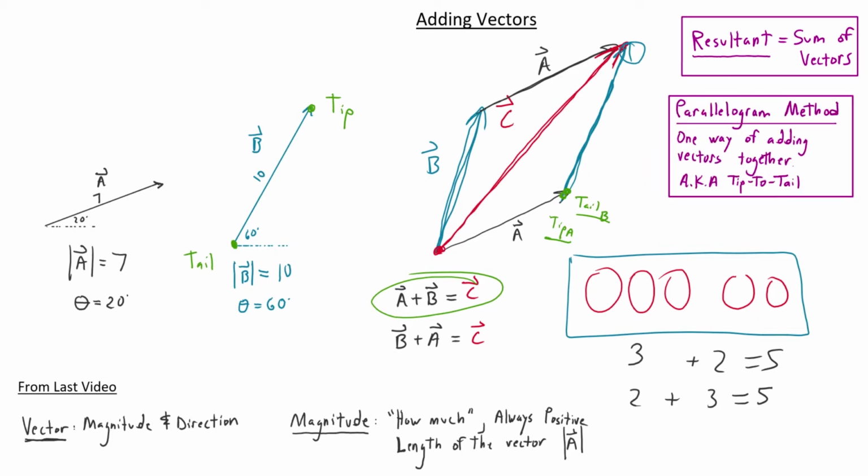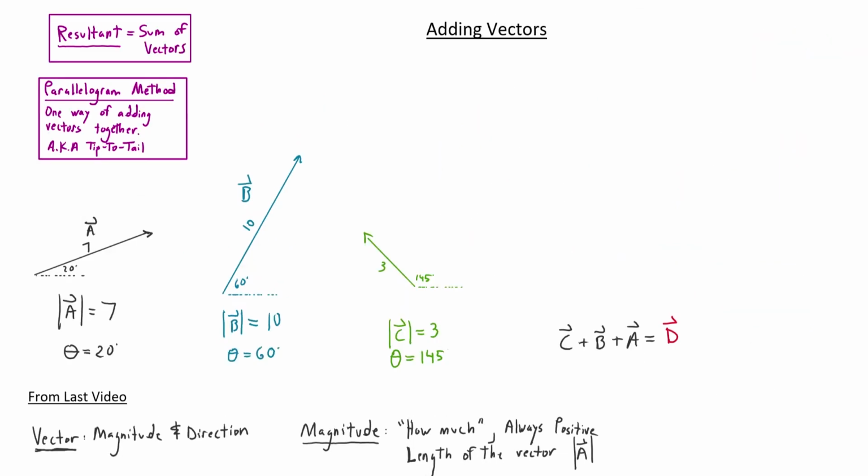And this parallelogram method tip-to-tail thing also works on adding more than 2 vectors. You can add 3, 4, 5, whatever vectors using this technique as well. So let's say I wanted to add these 3 vectors, C plus B plus A, to get some resultant D vector. I would do the same thing.